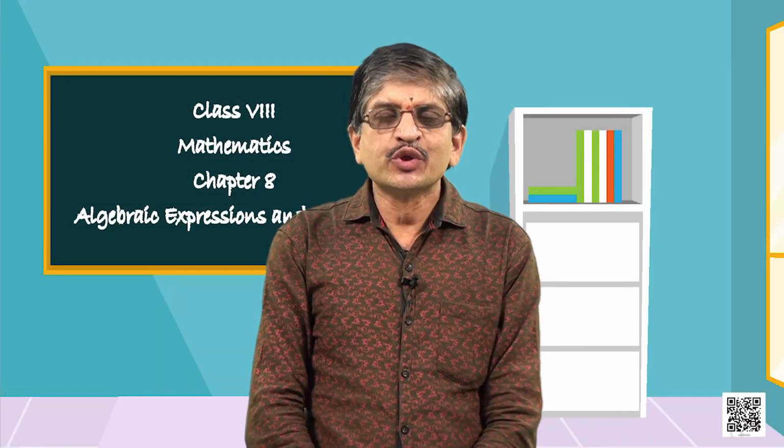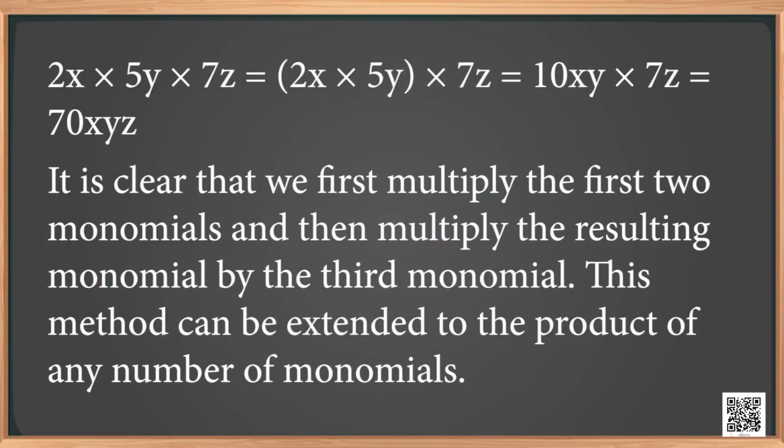Now, case 2. Let us now learn how to multiply 3 or more monomials. Let us see this example. 2x into 5y into 7z is equal to 10xy into 7z, which is nothing but 70xyz.